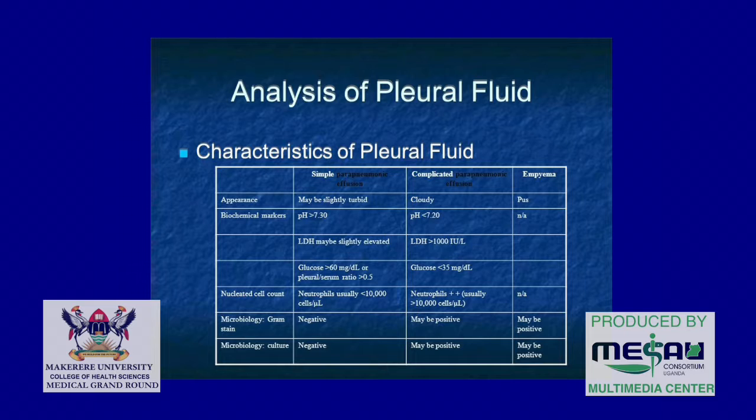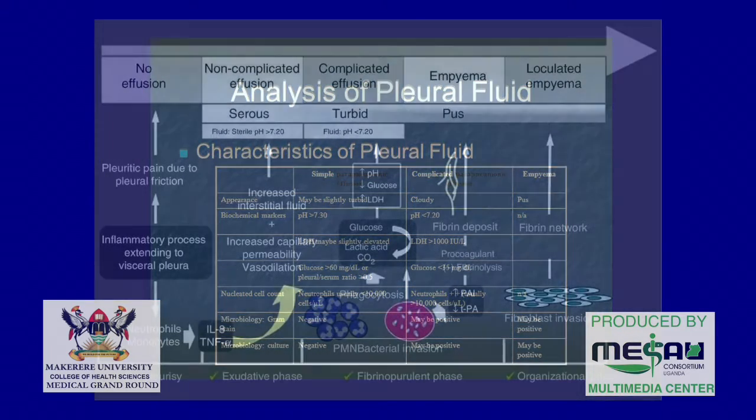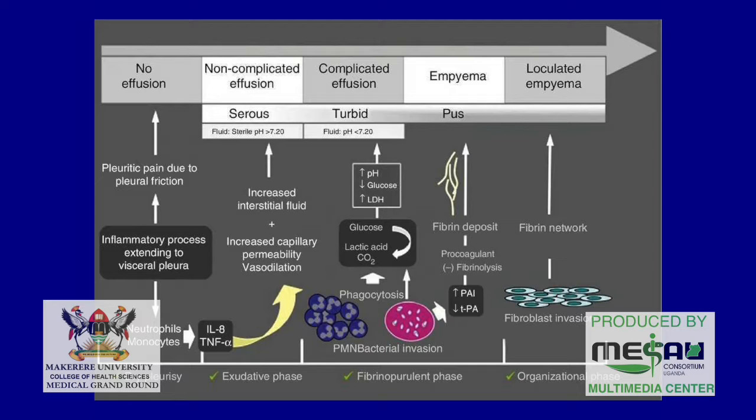Your LDH, which is an inflammatory marker as well, goes up when you have complicated parapneumonic effusion or empyema. And the neutrophil counts are over 10,000. Your microbiology gram stain and culture may be positive in complicated parapneumonic effusion or in empyema, unlike the simple parapneumonic effusions.